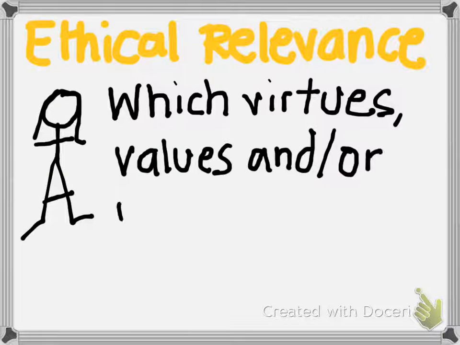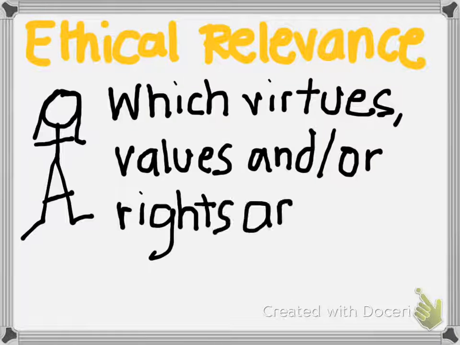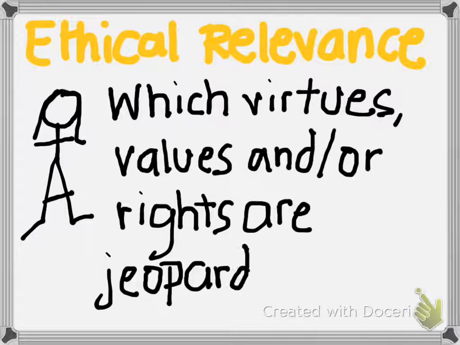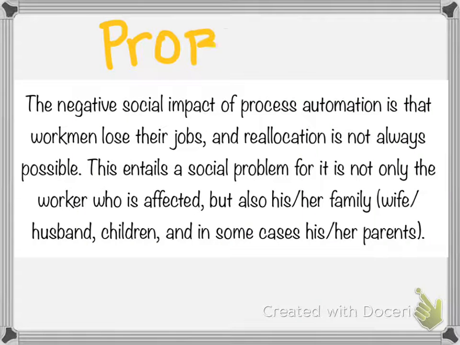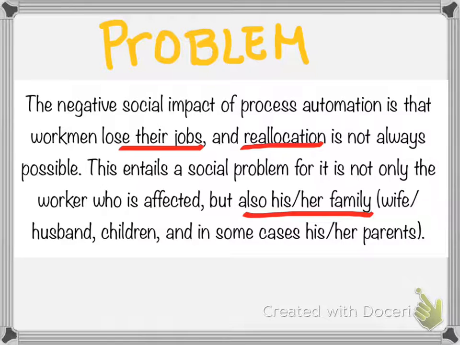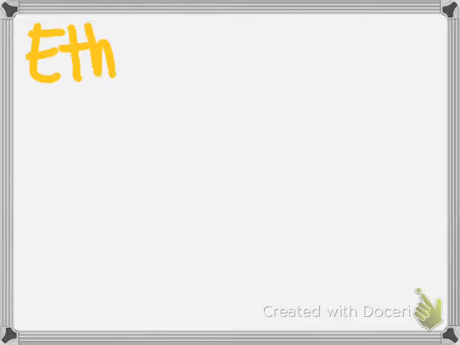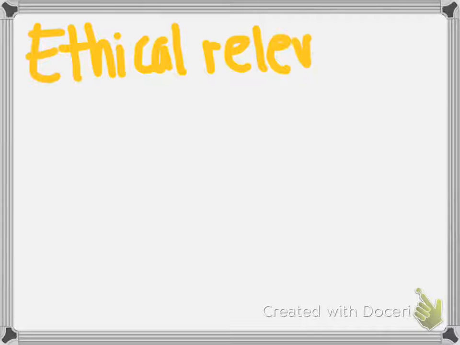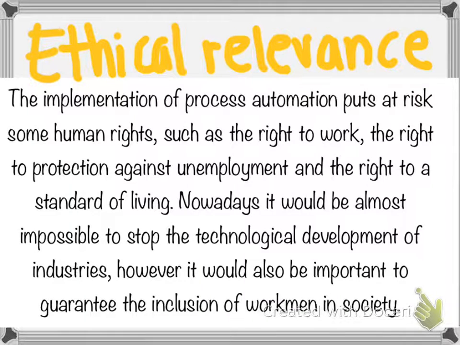For example, in the case of process automation, we spoke about jobs and the way families are affected. Thus, our ethical relevance could be stated as follows. The implementation of process automation puts at risk some human rights, such as the right to work, the right to protection against unemployment, and the right to a standard of living.